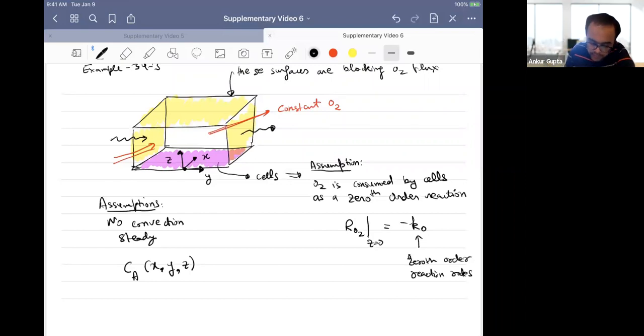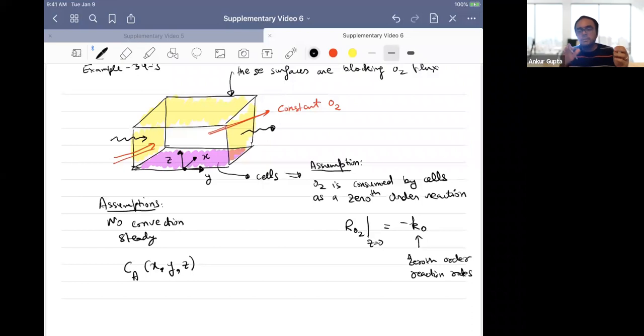If you have not seen supplementary video 5, I invite you to go and see that video. If there is no flux in that direction and there is symmetry, there is no reason for concentration to depend on y, because nothing is changing in the y direction. The flux is 0 there, the flux is 0 here. It's a steady system, so there can be no accumulation.